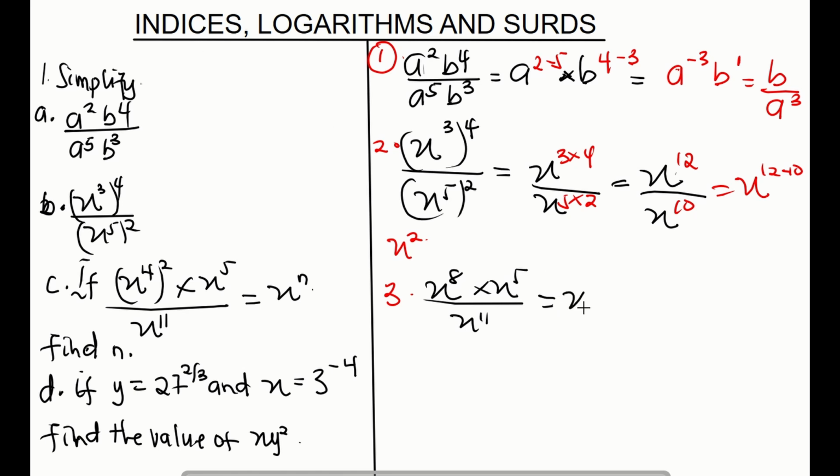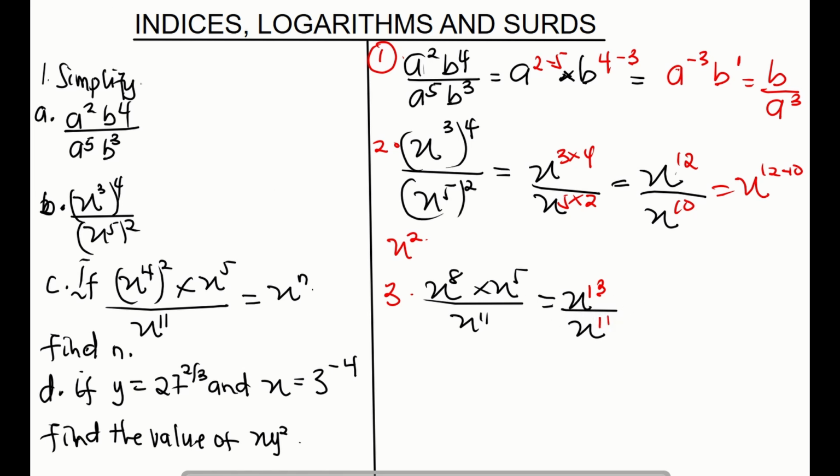So this is going to result in x where we add the exponents. We are going to have 8 plus 5, which is going to be 13. So here we have x to the power 13 over x to the power 11.